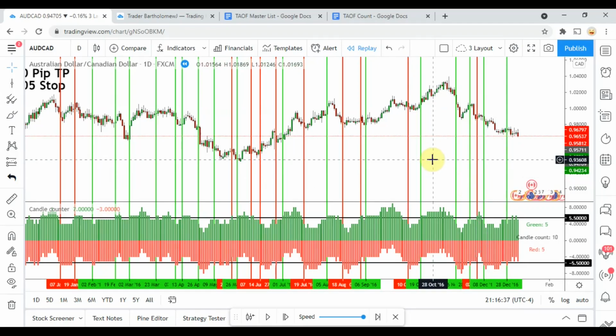So we have 28 signals all together, and we have 17 winning trades. That will push us right over that 60% win rate that we are looking for.